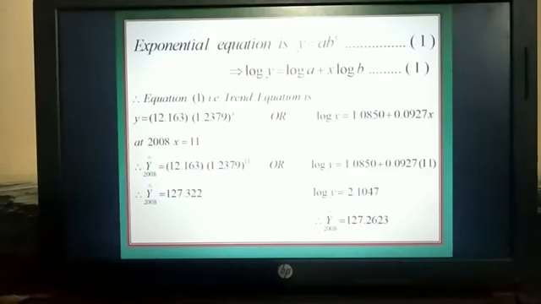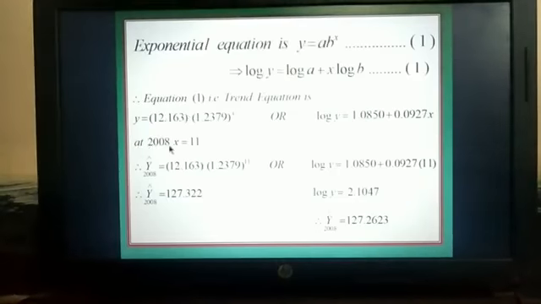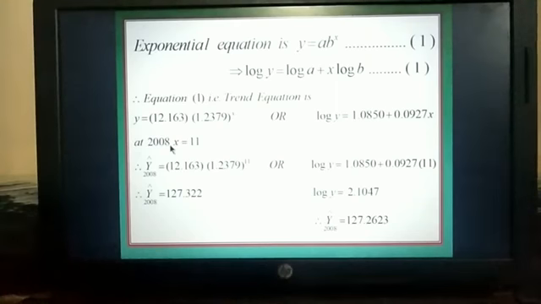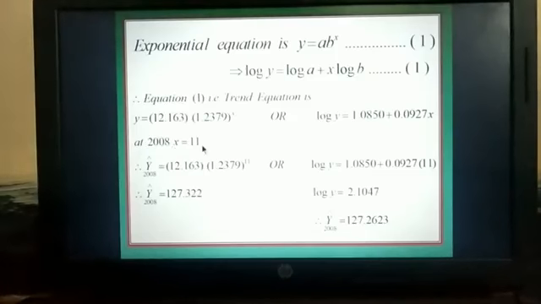Okay, so what we obtained now, the trend equation, we have got based on the given data. After that, for 2008, the x value was to be estimated. I mean to tell the value from the given observations. By observing those, we needed to calculate the value at 2008. For 2008, what will the x value become? What was x?